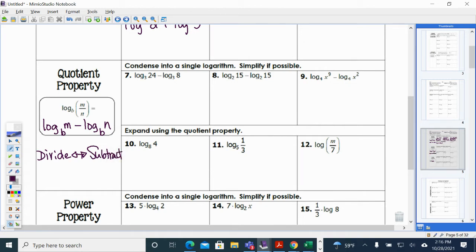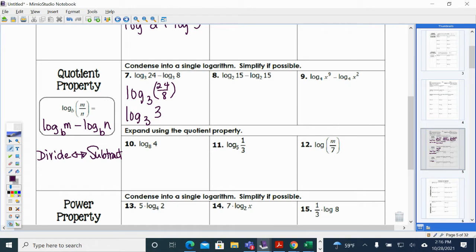Okay? So numbers 7, 8, and 9 are asking us again to condense, make it a single log. Number 7 is log base 3 of 24 minus log base 3 of 8. So we're going to keep the log base 3, and we're going to take the 24, and divide by the 8. 24 divided by 8 is 3.